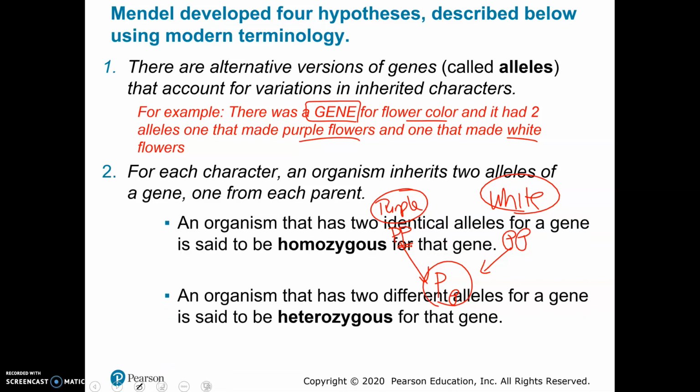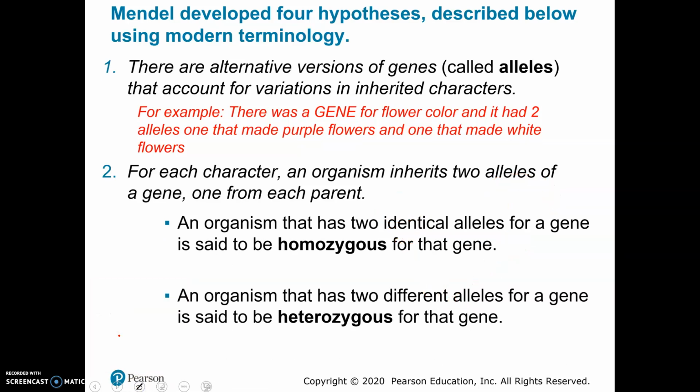The third thing that you should know that's related to this is that if the 2 copies are identical, we call that being homozygous. Homo means the same. But if the 2 copies, the 2 alleles, are different, we call it heterozygous. I was using letters, and we're going to continue to use letters for this.